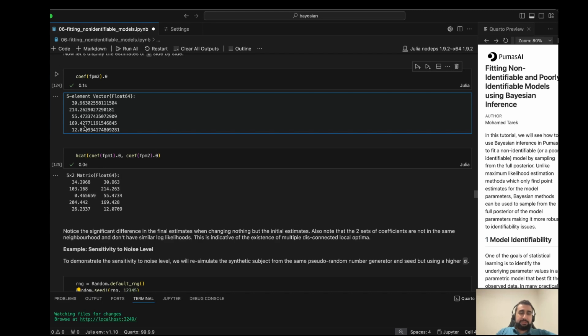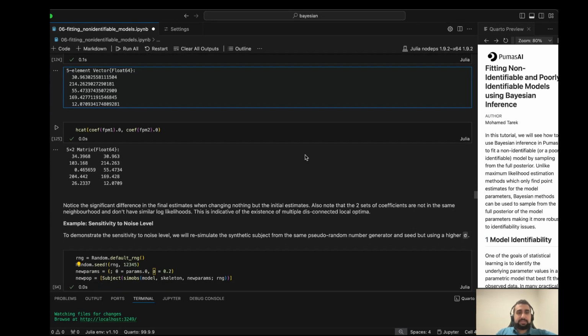Convex problems have this property where if you start from anywhere, you always converge to the same solution. Well, strictly convex problems. But the problems that we have here are not strictly convex or even convex at all, and therefore they don't adhere to this property. So you could potentially initialize from different points and get different estimates at the end.